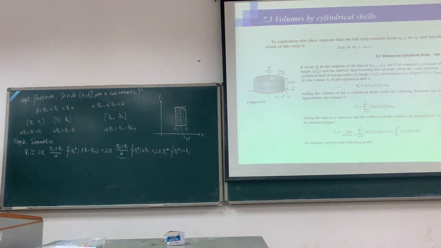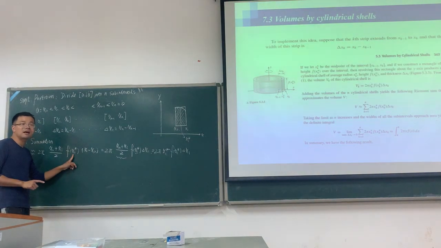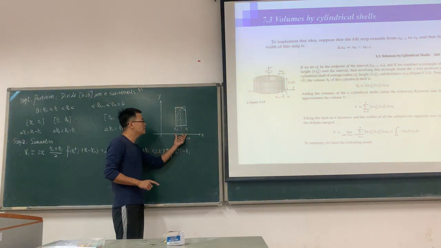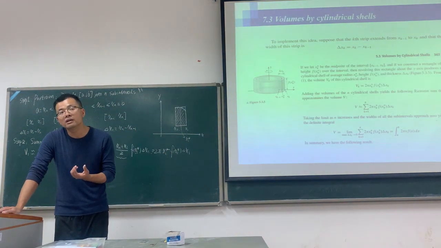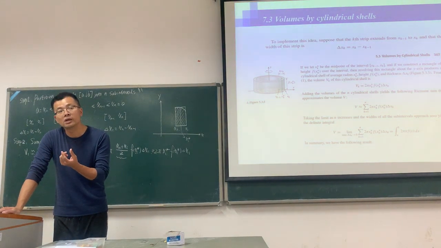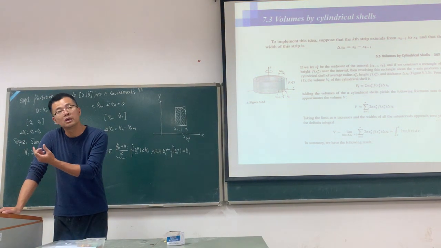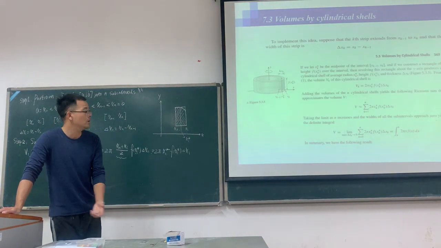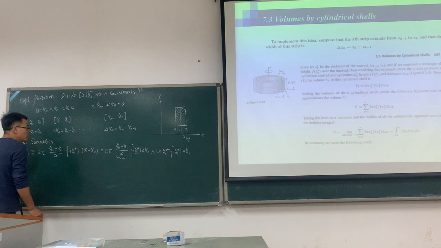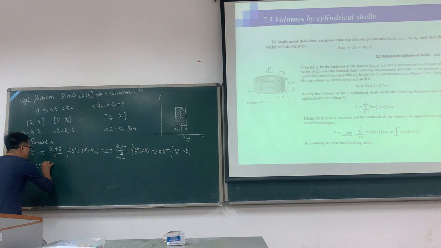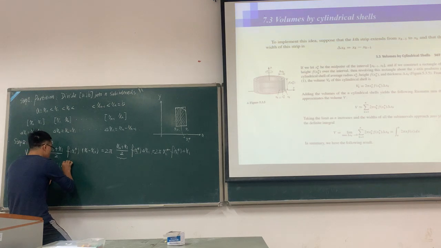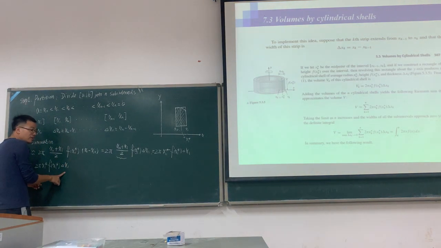So here we choose x1*, the midpoint of the first subinterval. It's the same for the second subinterval: we also choose the midpoint. The third takes the midpoint, and the last one takes the midpoint. So the first one is 2 pi x1* f(x1*) delta x1, the volume of the first cylindrical solid.